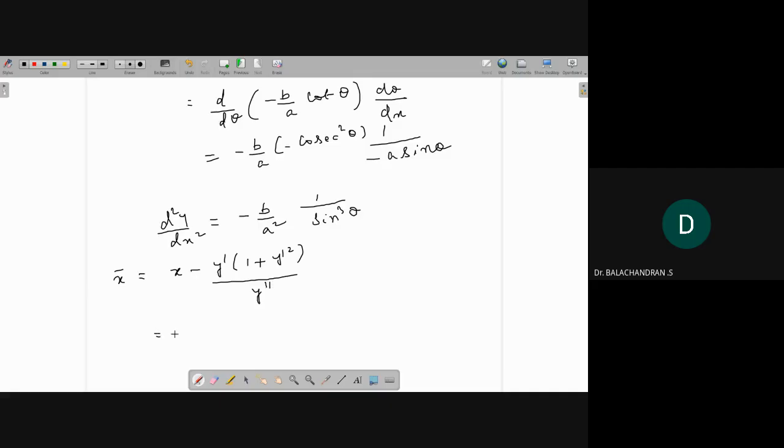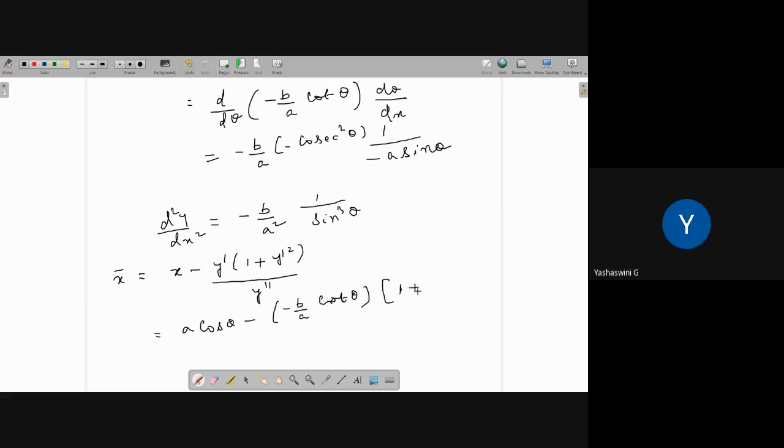Okay, and then what is x? a cos theta minus, into minus b by a cot theta, into a square by b square cosec square theta. One more minute.